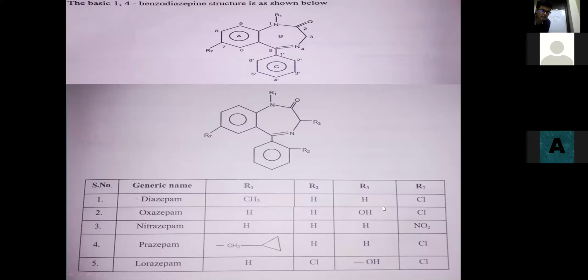Now next is prazepam. What does prazepam contain? It contains a CH2 propyl group at the first position, hydrogen, and a chlorine at the seventh position of your ring. Now what is nitrazepam?